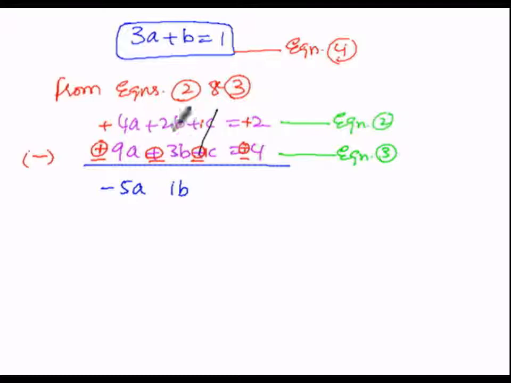But 3 is greater than 2, 3's sign is negative, therefore it assesses the sign of negative, that is equals to plus into minus, minus, we have to subtract, 4 minus 2 is 2, 4 is greater, its sign is negative, therefore it assesses the sign of negative.